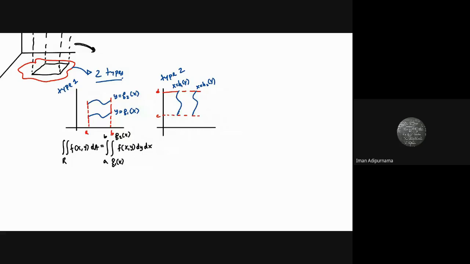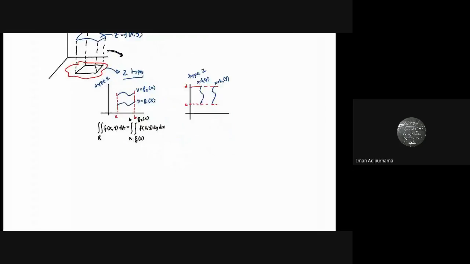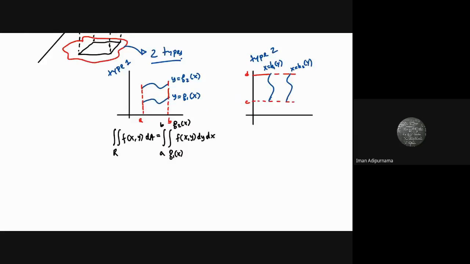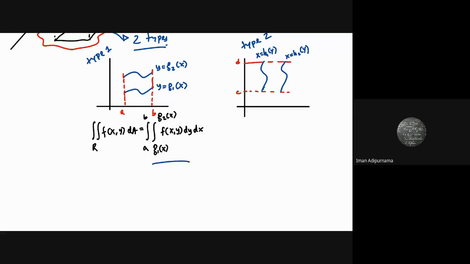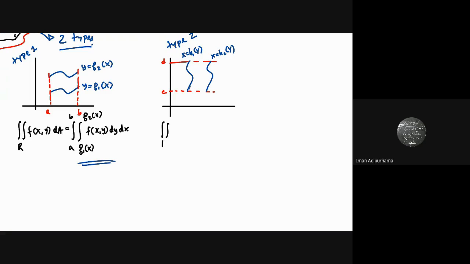Okay, let me move this to the right side to make it more clear. So this is type 1. What I'm doing here is a summary of your textbook. There are a lot of text and examples, but I'm just writing down the essential parts of your chapter 15.2. And type 2 will be, let me write the general equation.